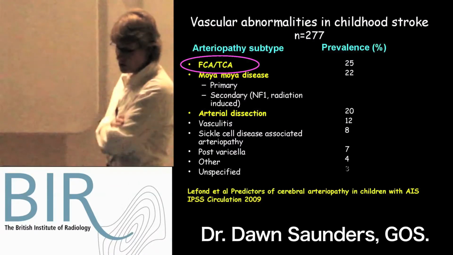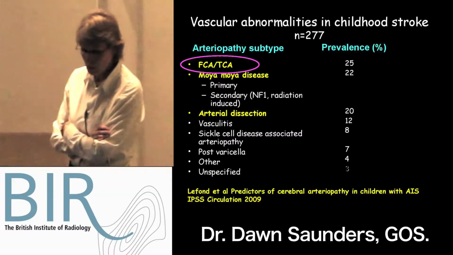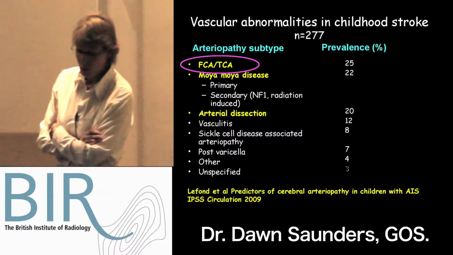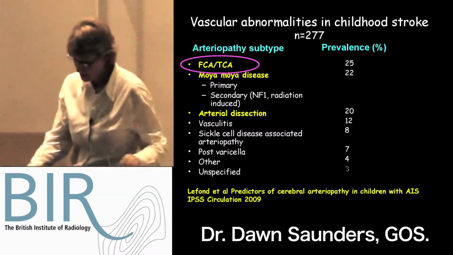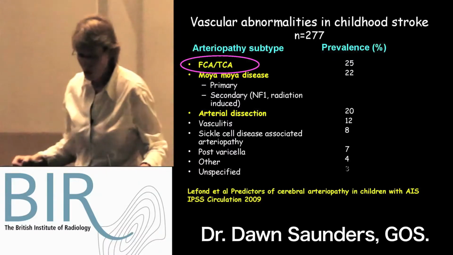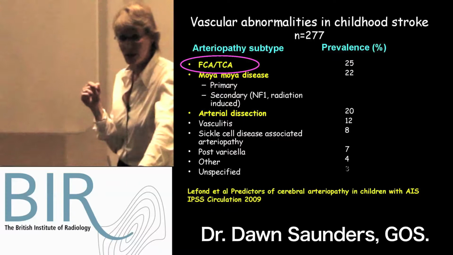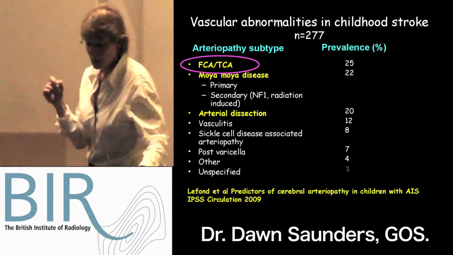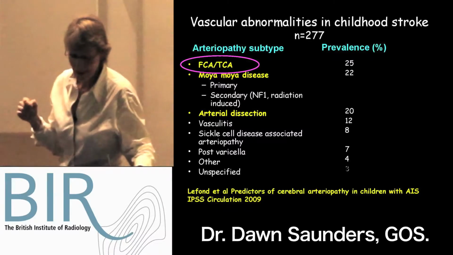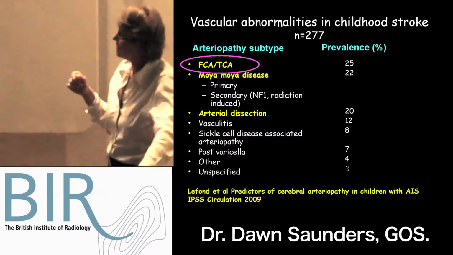So as I alluded to early on, between 80%, probably even more, of children with childhood stroke have some form of vascular disease. And the most common is the focal cerebral arteriopathy of childhood, a mouthful, so we call it FCA, or what has previously been called a transient cerebral arteriopathy, which is also a mouthful, so we call it TCA.